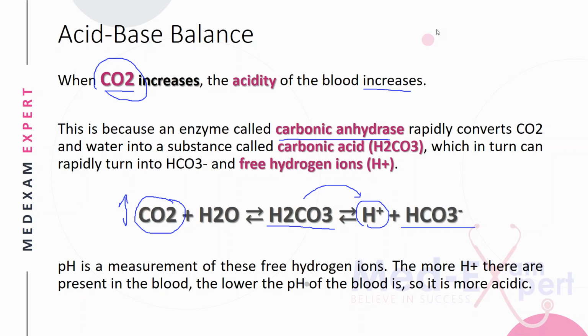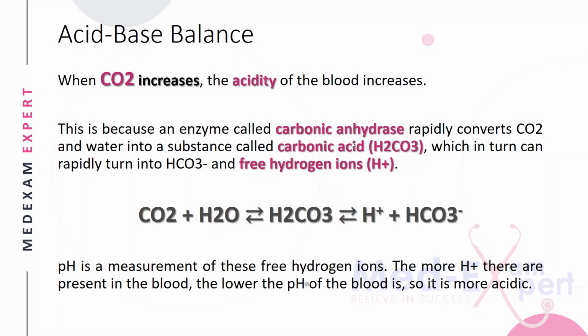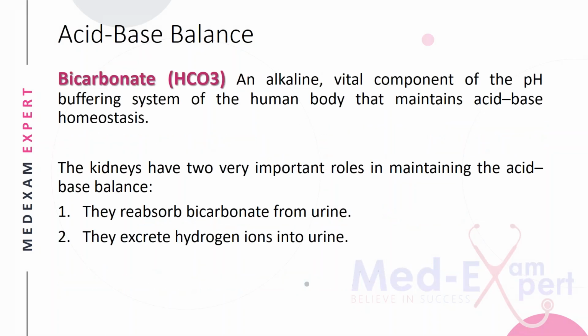But bicarb, which is an alkaline component, will lead to alkalosis of the blood when it increases. And when we speak about bicarb, I have to remind you that the kidneys have a very important role in maintaining the acid-base balance. Why? Because the kidneys have the ability to reabsorb bicarbonate or excrete bicarbonate in the urine. The same also applies to hydrogen ions.